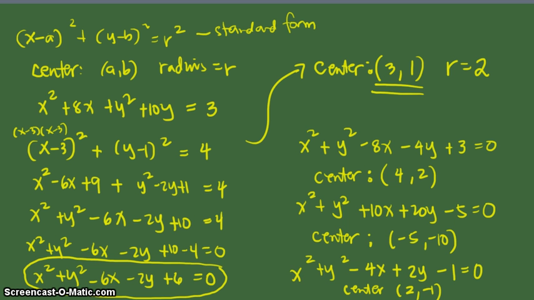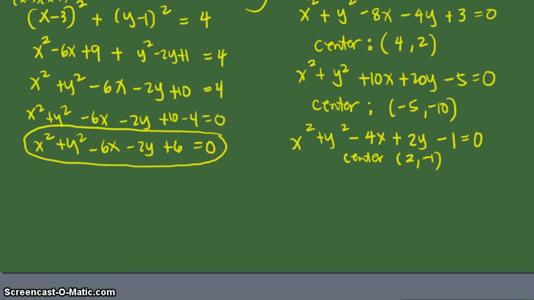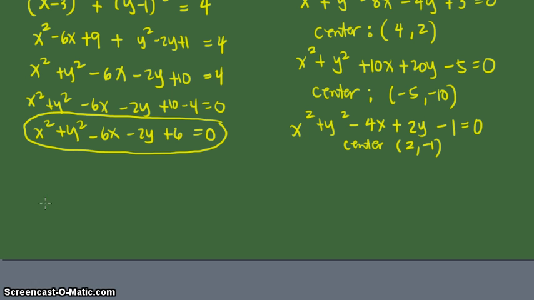Okay, let's add more space. So we said the center of the circle, so this is our main equation. The center is at 3 and 1. Okay, so let's check if your guess is correct.